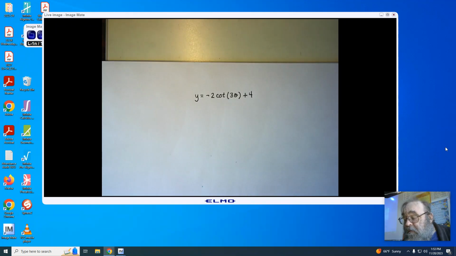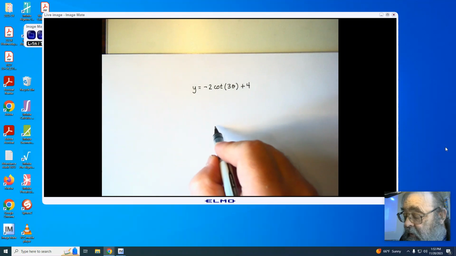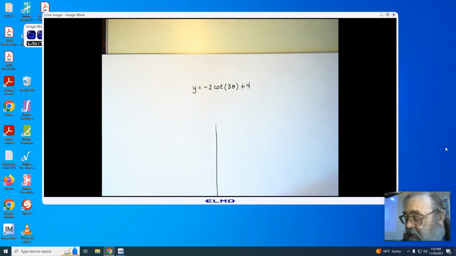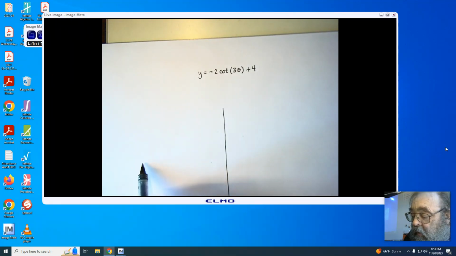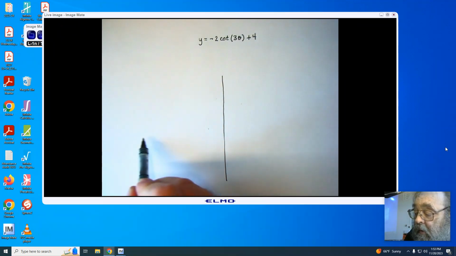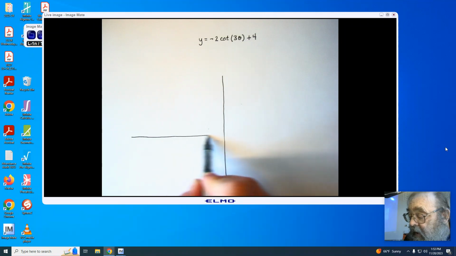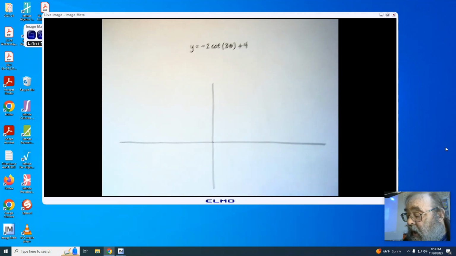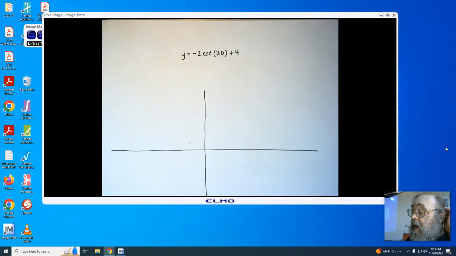Okay, once again, no phase shift. Phase shift requires us to locate the values based upon equivalent values for theta. Now, you probably saw me do that in one of the other videos when I was working on sine and cosine. If you didn't, you may want to consider it.